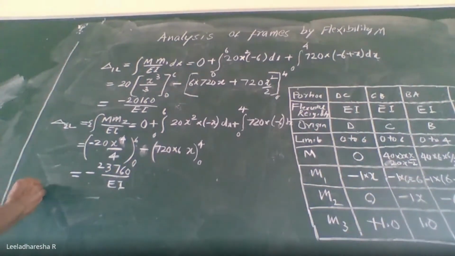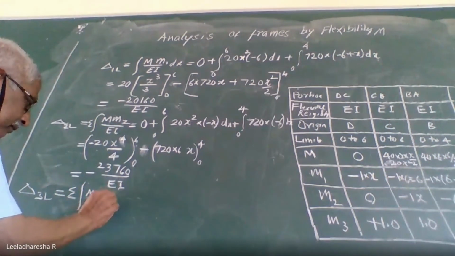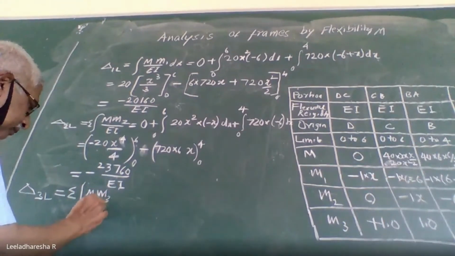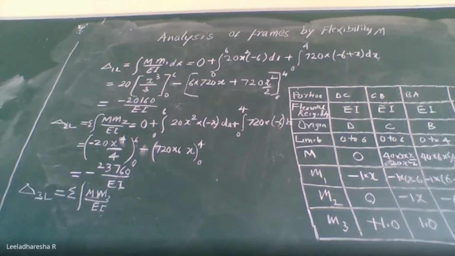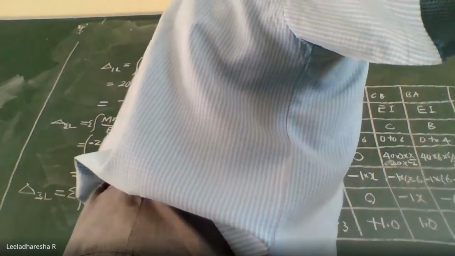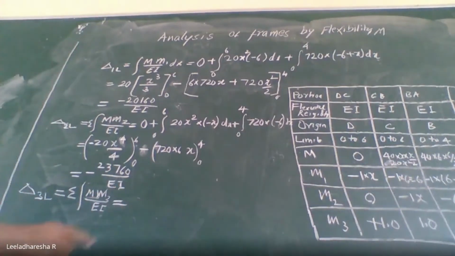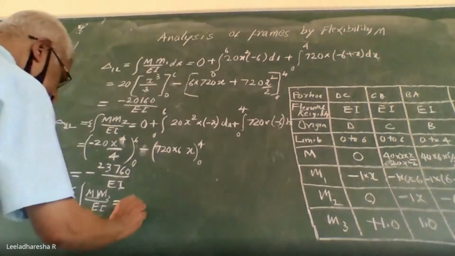Next is delta 3L. So delta 3L is equal to sigma m into m3 divided by EI. Now you can substitute the values of m and m3 for integration. For the first portion, m is 0, so it will not come.